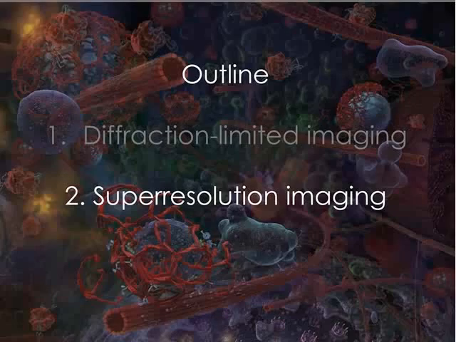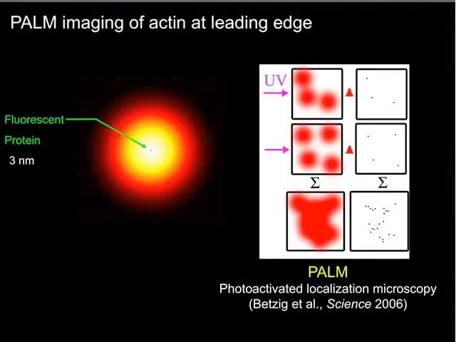Now, I want to move on to how the photoactivatable fluorescent proteins have been useful for super-resolution imaging. Now, if we think in terms of a single fluorescent protein, which is about 3 nanometers in diameter, if one visualizes this fluorescent protein under a microscope, you're not going to see a 3 nanometer spot.